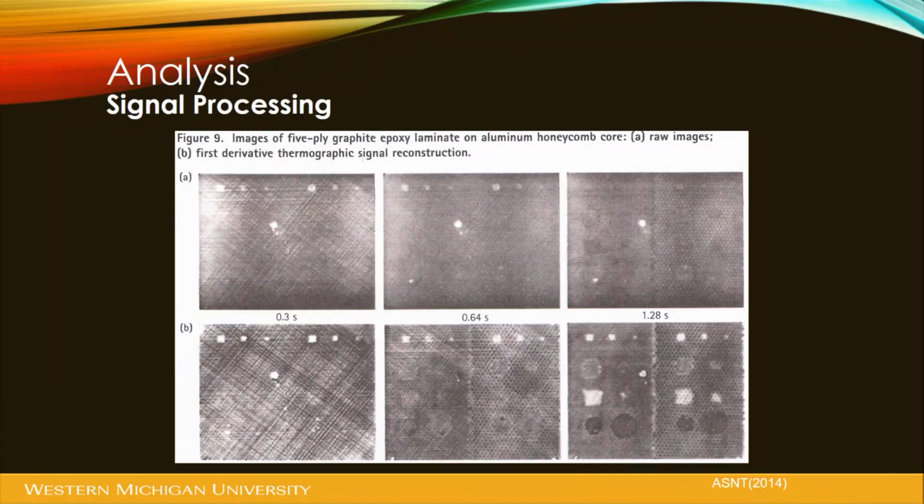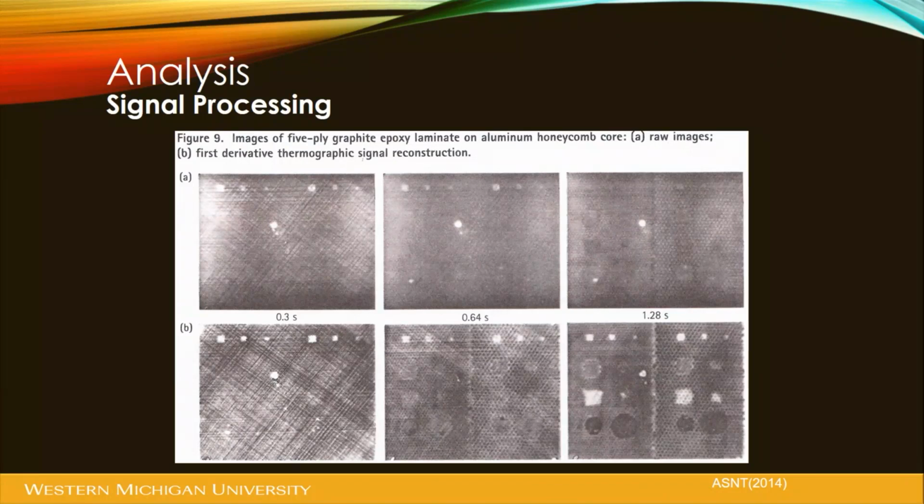If you look at the raw images, there's not a lot of difference, right? Even where there is a difference, it fades pretty quickly. But if they run what's called thermographic signal reconstruction, a fancy algorithm for increasing contrast, you can see a lot more come into view along the bottom.